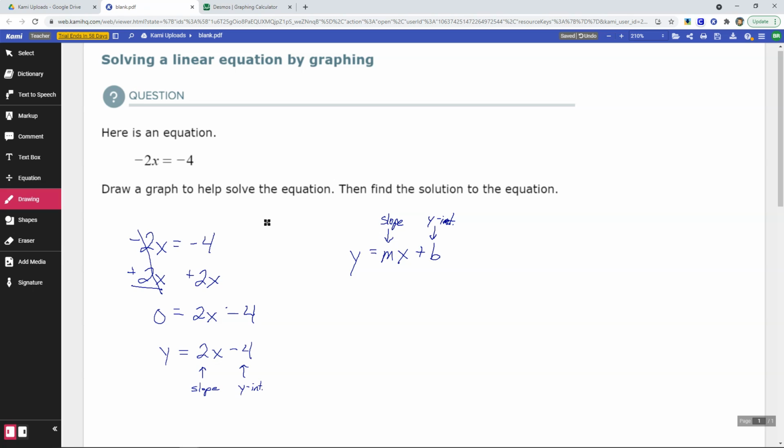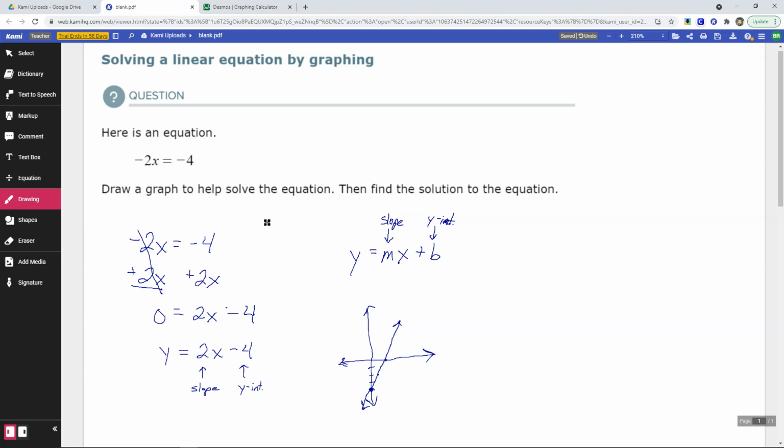In other words, where it crosses the y-axis. So that would look something like this. It crosses at negative 4 and then has a slope of positive 2. So that would be up 2 over 1, up 2 over 1. And so our graph is going to look something like that.